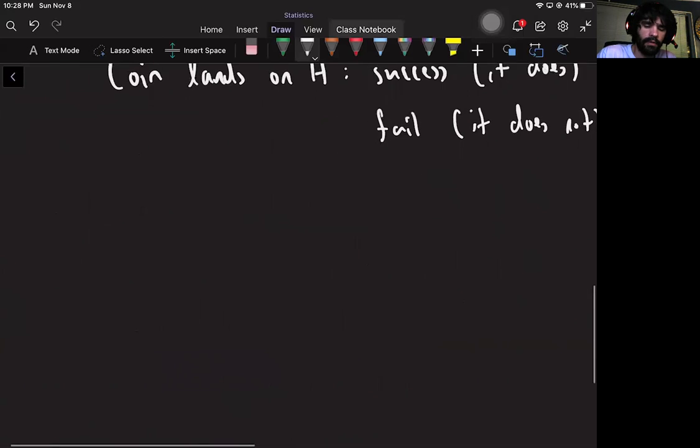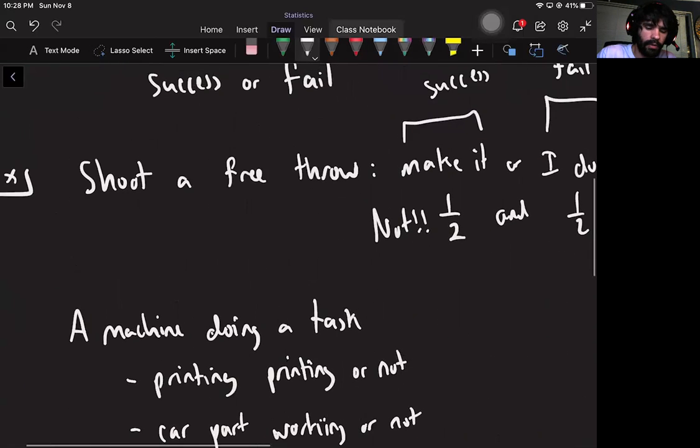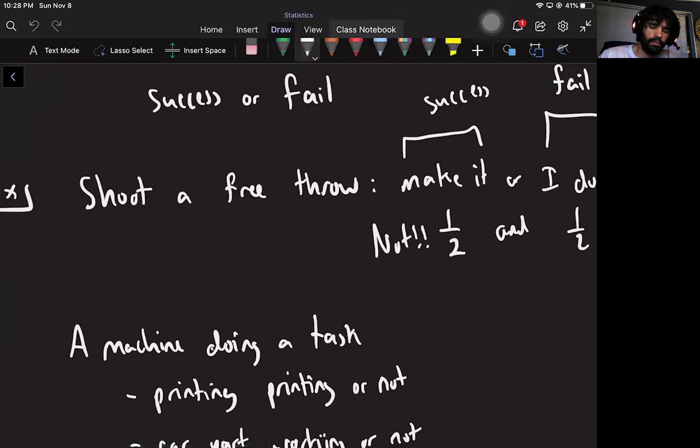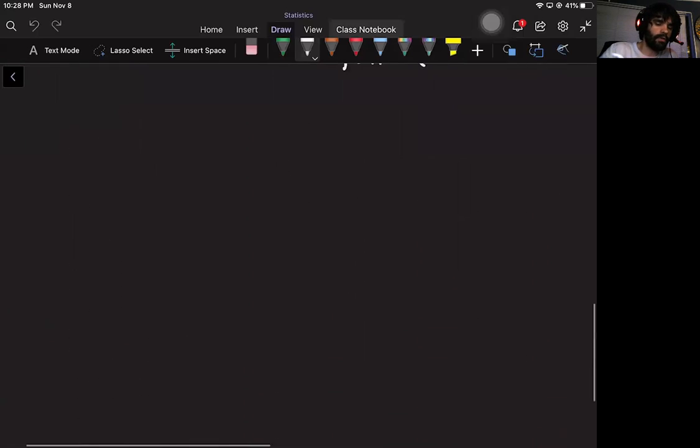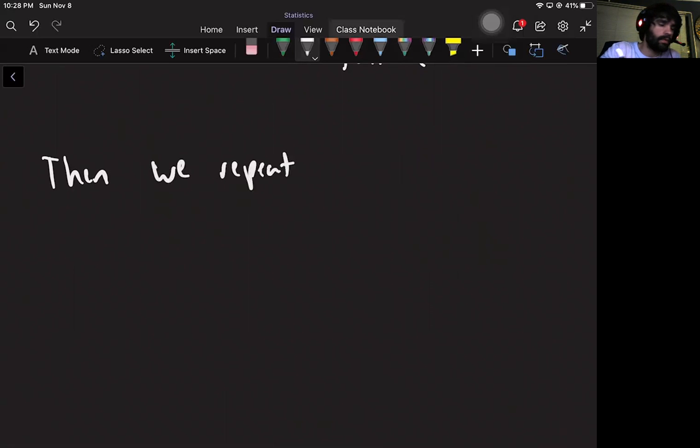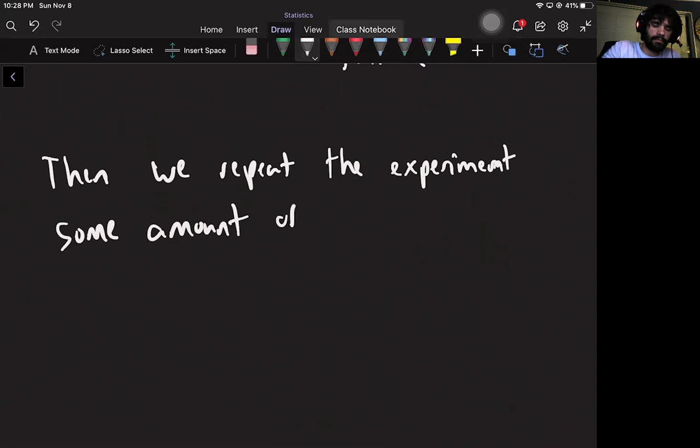Okay, so then what we do, we have our probability experiment with just two outcomes, success or fail. So then, whatever your experiment is, we repeat it some amount of times. So you can pick that ahead of time. It could be like 10, 30 times, 4 times, whatever you want.